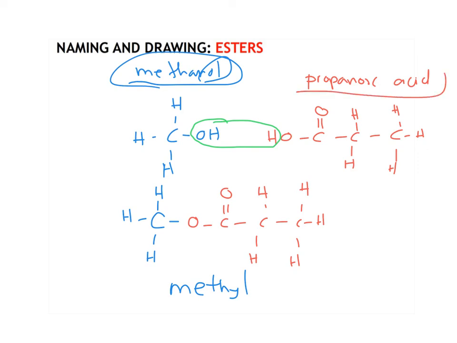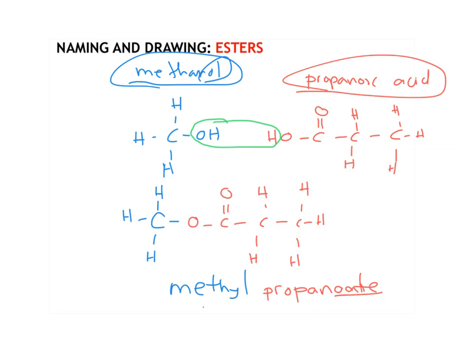My carboxylic acid is important for the second part. This would become propanoate. So it was propanoic acid, and I changed the ending to oate. So methanol and propanoic acid form the ester methyl propanoate. So the alcohol becomes the start, carboxylic acid the end.